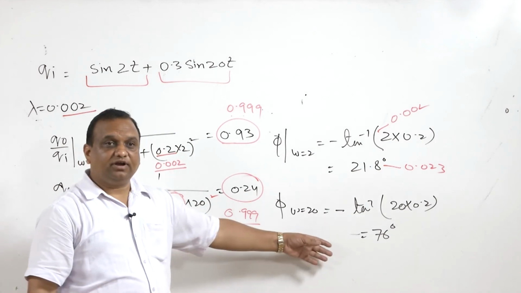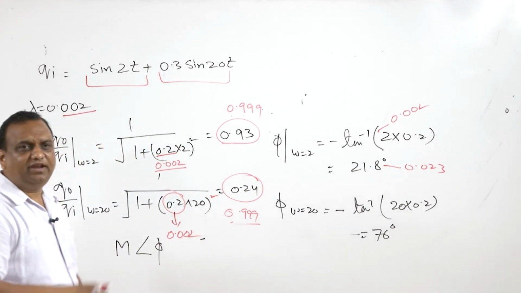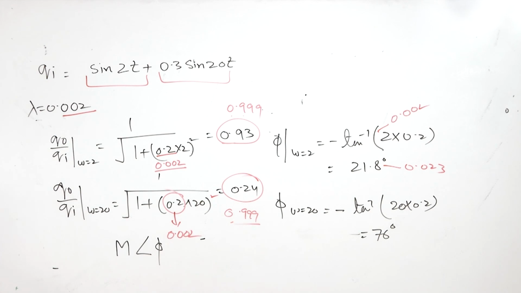Similarly, the other angle will also change. So we will be getting very close results if the time constant is that low. The response of the instrument is going to be exactly the same as the input nature of the signal, right? That is all for today.